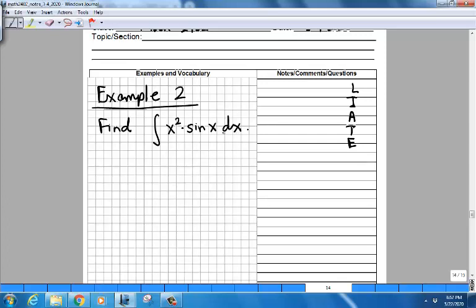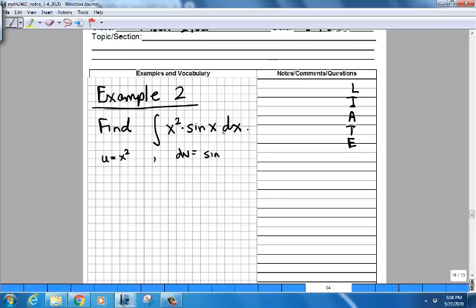Next, if you have an algebraic expression in your integrand, x squared is algebraic. So expressions like x squared or x cubed or square roots, those are algebraic expressions. So I think my choice here will be to let u be x squared. And then that means automatically that dv is going to be whatever is left over. So that will be sine of x dx. Remember, the dx always goes with the dv.